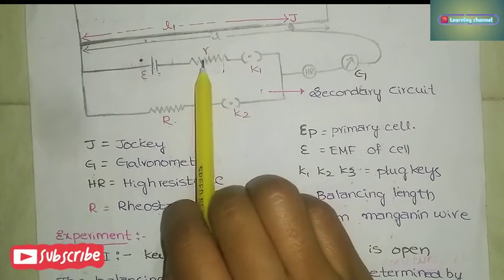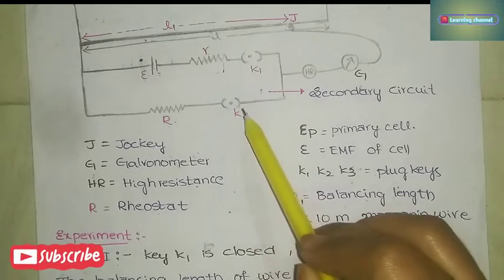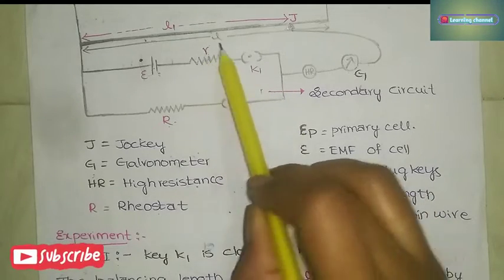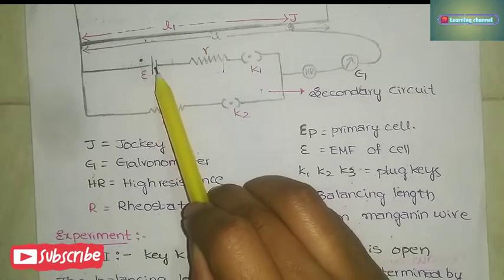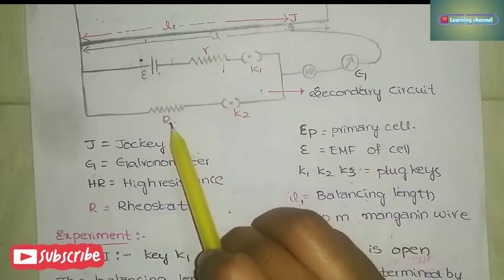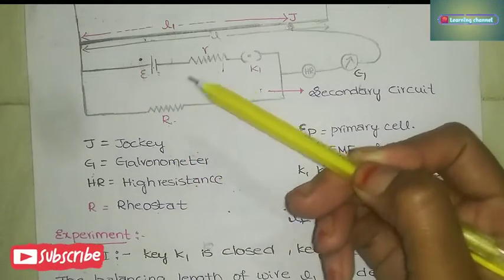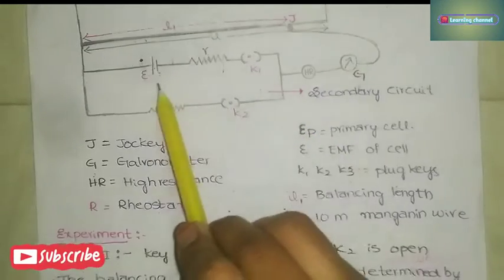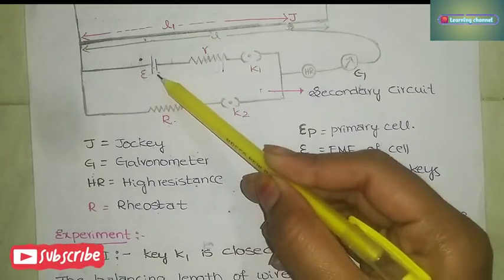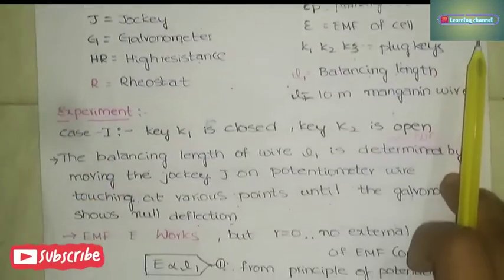When we close K1 and open K2, the internal resistance doesn't work. Only the EMF works when we don't connect a resistor. When we connect a resistor, then the terminal voltage comes into play. That is the point we have to remember for this question. So when we close it, we get EMF which is directly proportional to length L1.